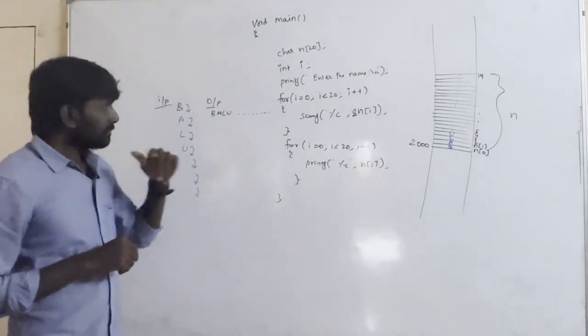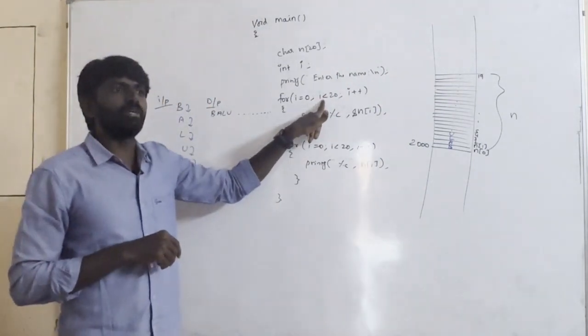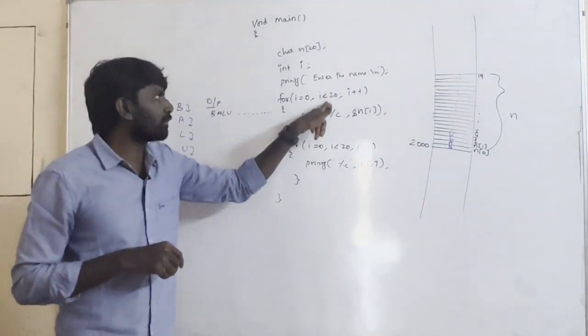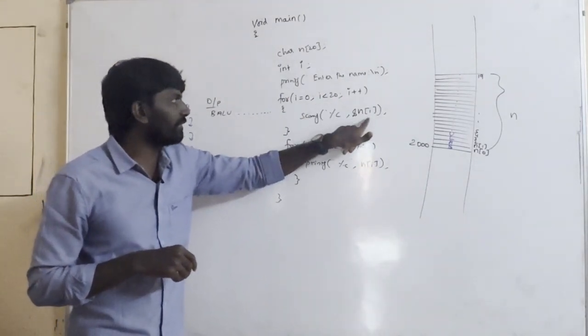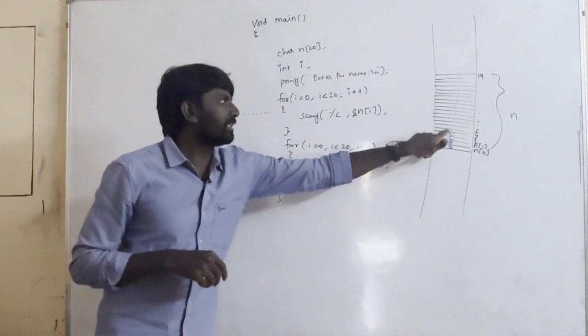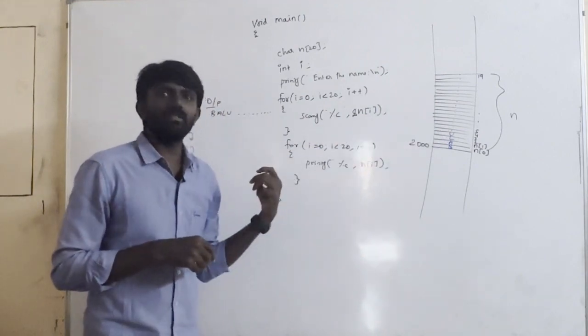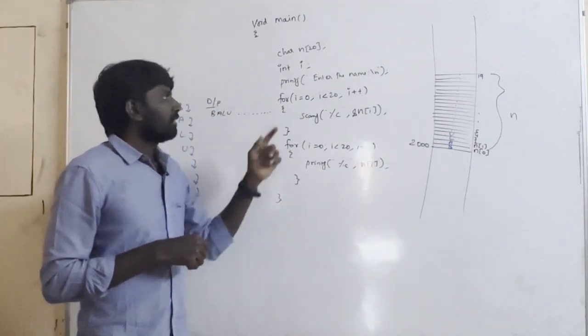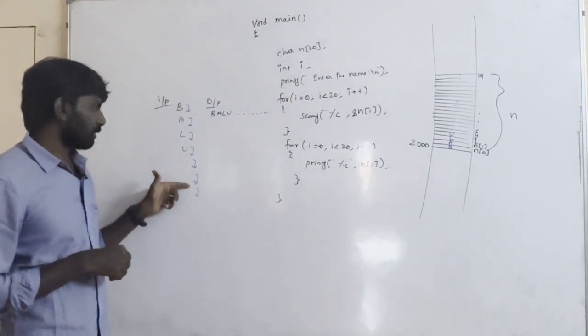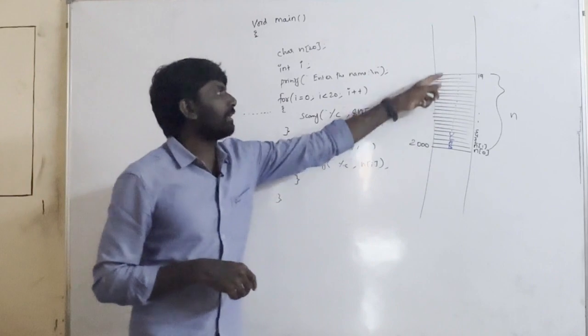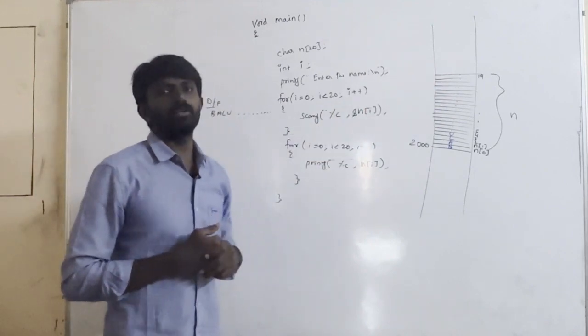But since the loop is running for 20 times, it will go further. When i value is 4, less than 20, again it will go and wait for n of 4. In this place also it will expect some character. Since I want to complete the loop, I am just giving some dot. So the remaining all we are just storing as dot.